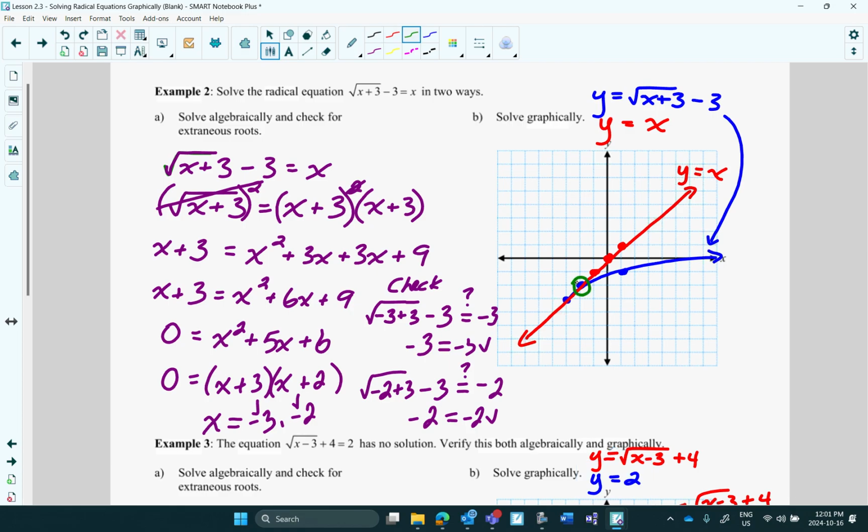Here where x is -2, and here where x is -3. So I confirm. Okay. Questions? Always a diagonal line, always.